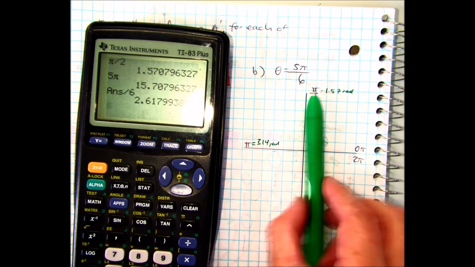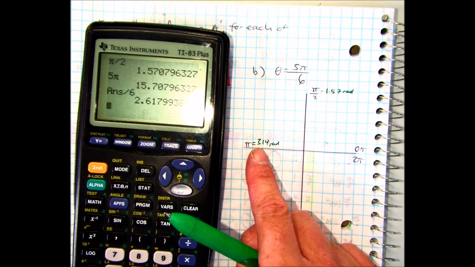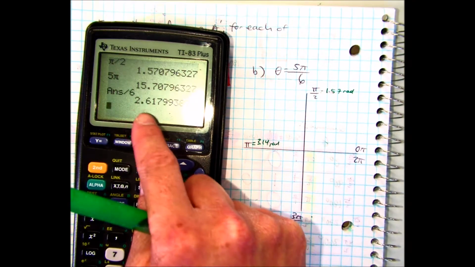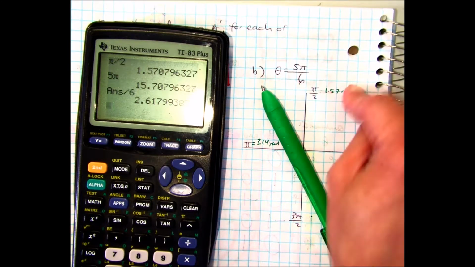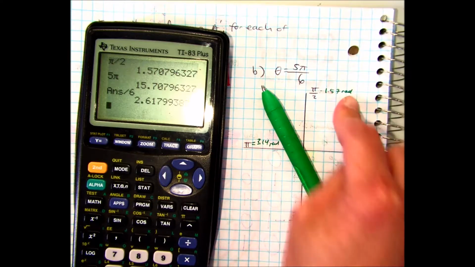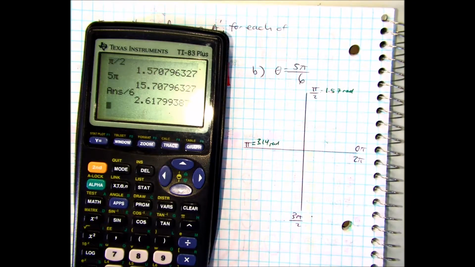So 2.62 radians is between 1.57 and 3.14. That's not between 0 and 1.57. It's between 1.57 and 3.14. So I know it's in quadrant 2.